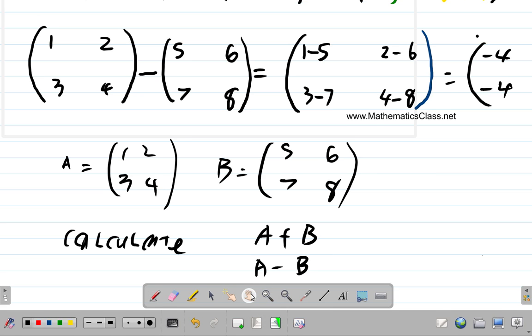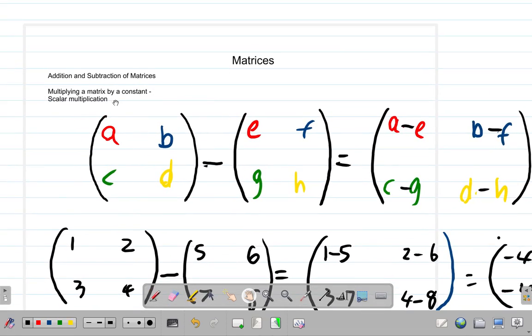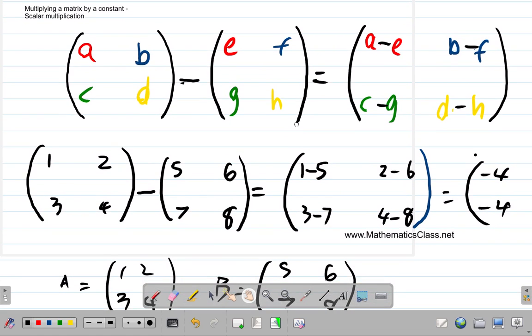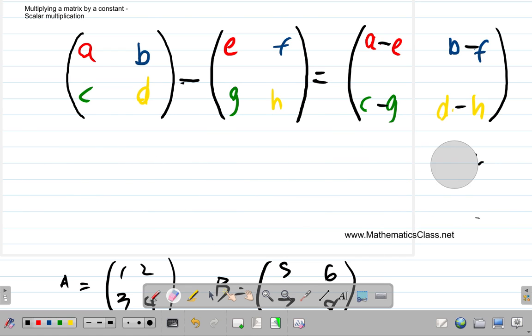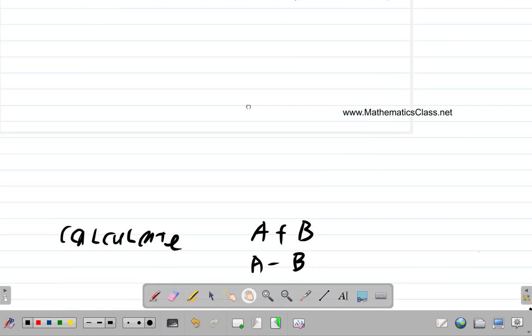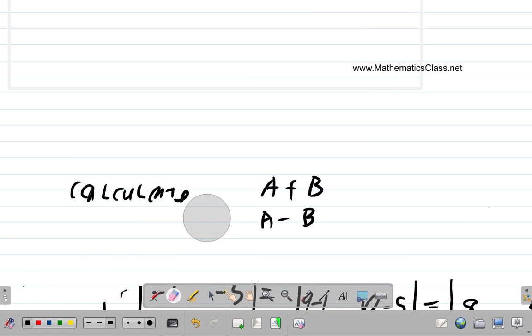Now, let us also look at what happens if you are asked to multiply a matrix by a number. We are going to have a number here. Let us look at the first example as a general matrix, representing numbers with letters.